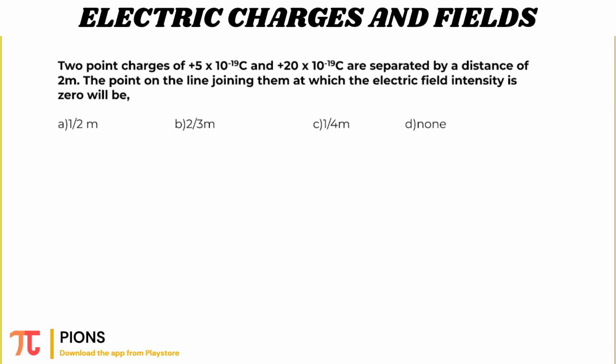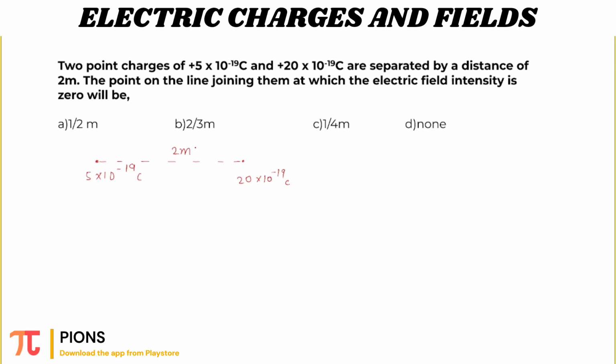So the question over here says two point charges, plus 5 into 10 to the power minus 19 Coulomb, so let me write here, this is 5 into 10 to the power minus 19 Coulomb, and plus 20 into 10 to the power minus 19 Coulomb, are separated by a distance of 2 meters. So let's say the gap between the two is 2 meter over here.